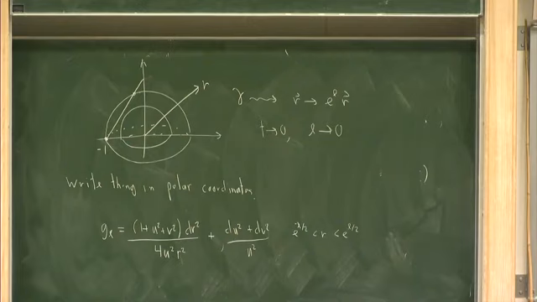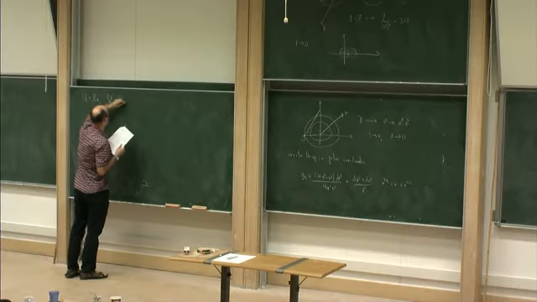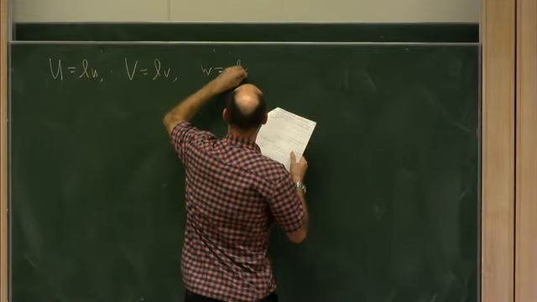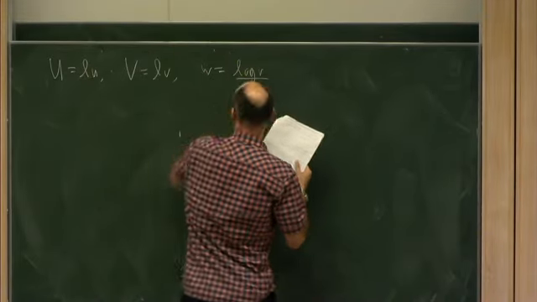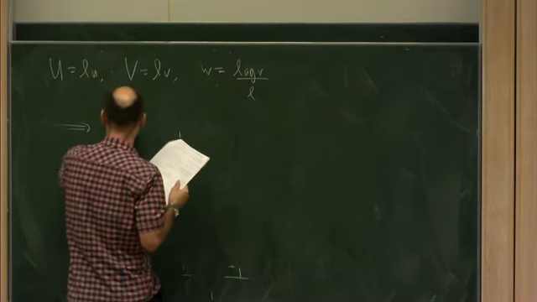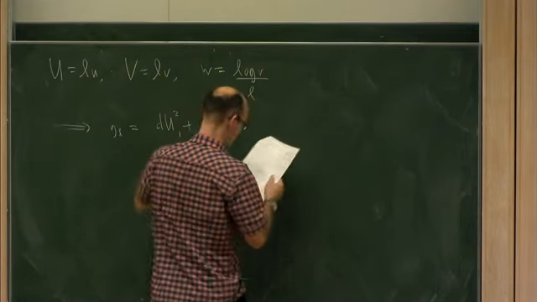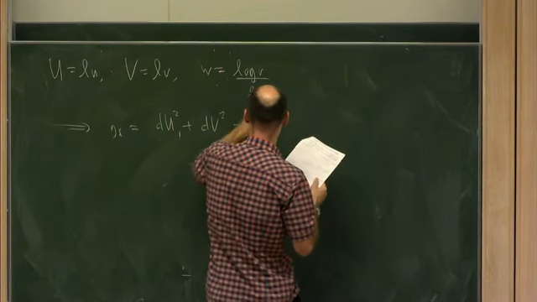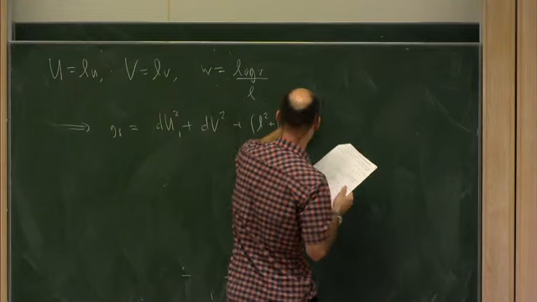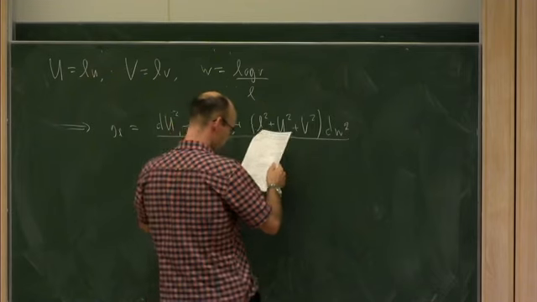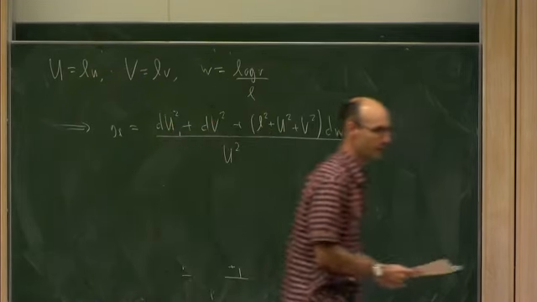You set little u equal to LU, big V equal to LV, and W equal to log R over L. And then finally, this metric g_L takes the following form, like this, near the cusp.